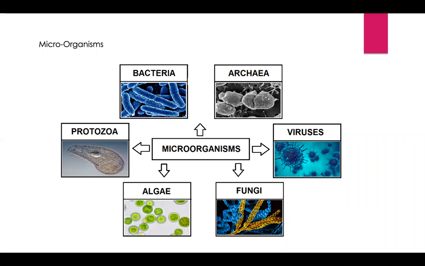Naked eye means your own eye. They are all around our environment, everywhere: in the air, in water, in food, even inside our body, on our body surface, even on our skin. Millions of microorganisms.